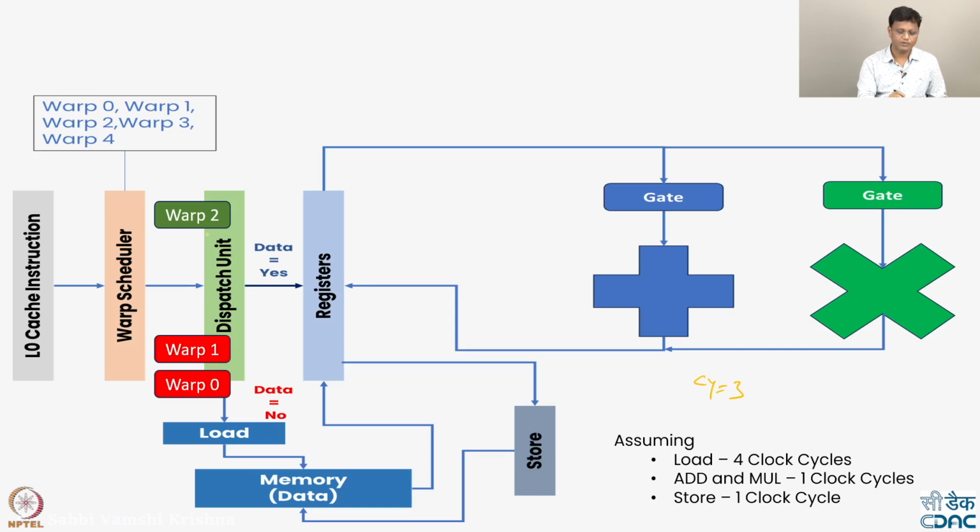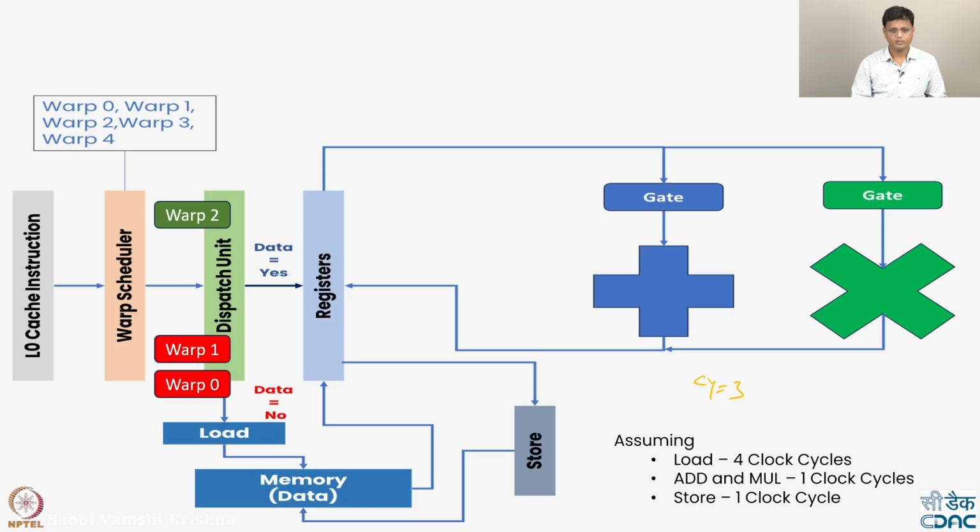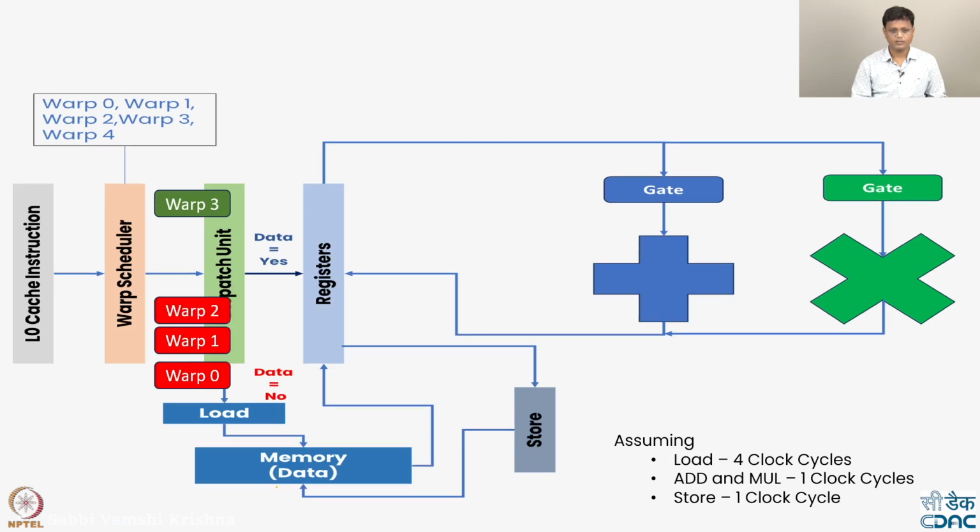At the same cycle, warp 2 comes to the dispatch unit. In the next clock cycle, warp 0, warp 1, warp 2 all are waiting for the load operations to be finished.